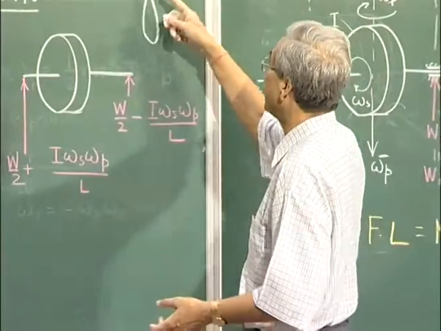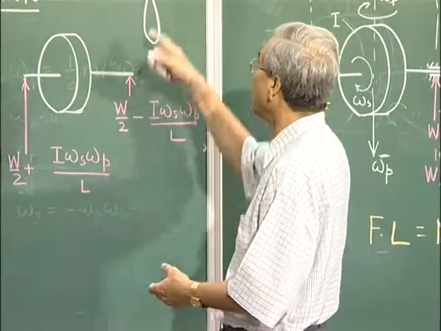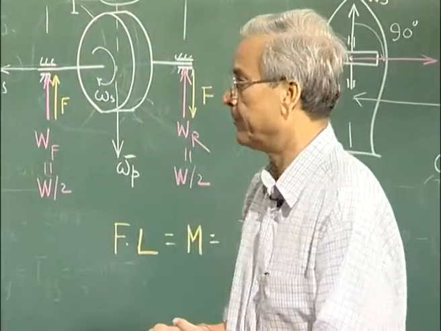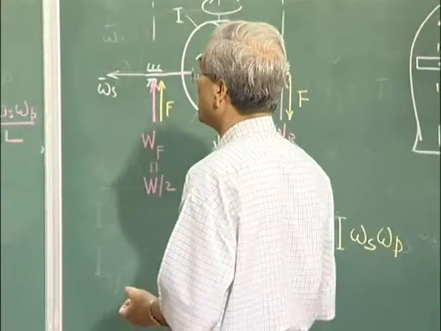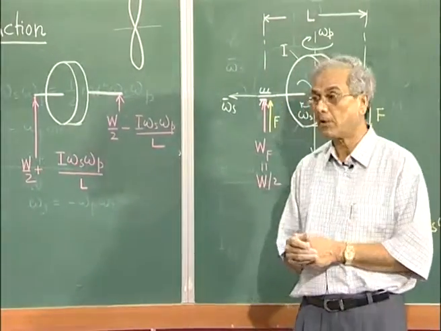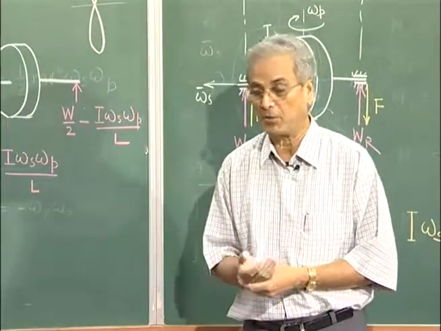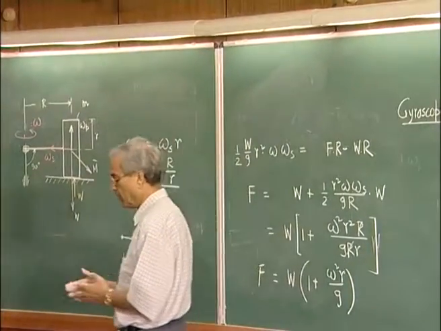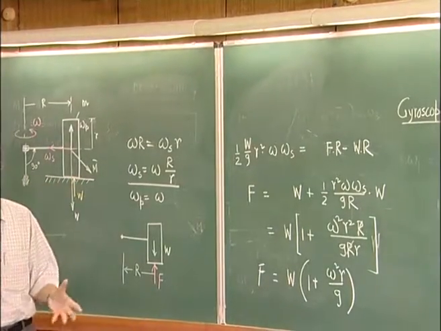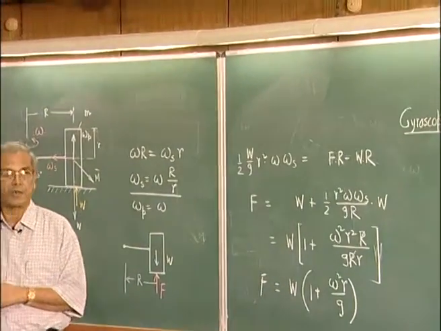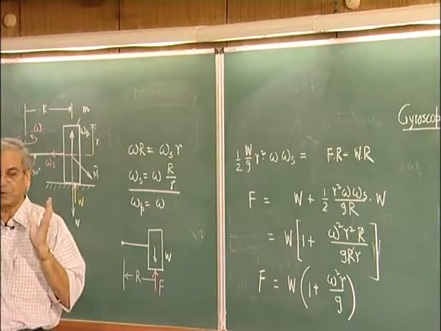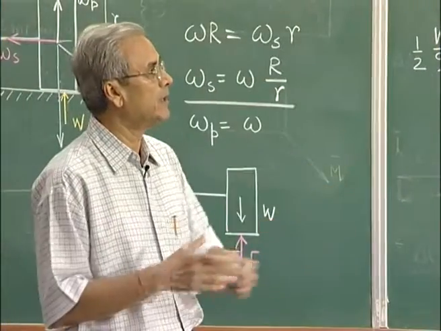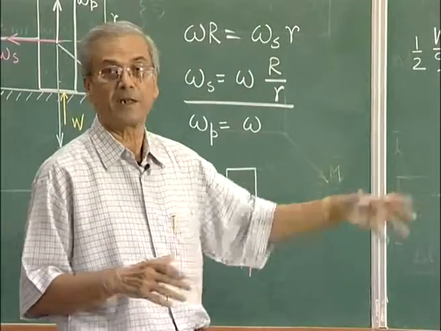That means it is fluctuating between a maximum and minimum with the frequency with which the unsymmetrical body is rotating. And there the problem is more serious, because it can generate very dangerous vibration of the system, leading to fatigue failure. So, there are many examples in machines where, whenever a rotating body is changing the direction of its axis of rotation, we have to be careful, consider the gyroscopic action, and calculate the various forces which get generated due to this.